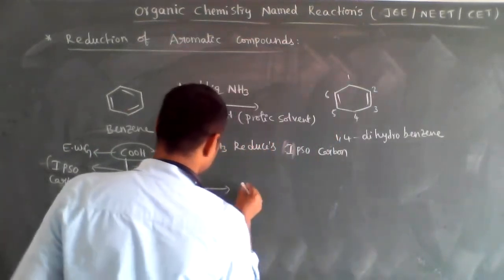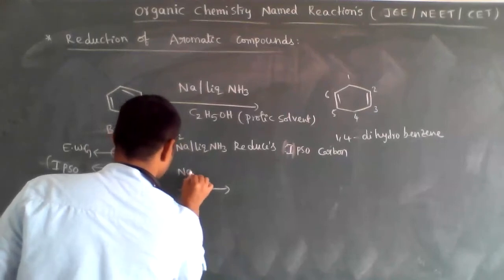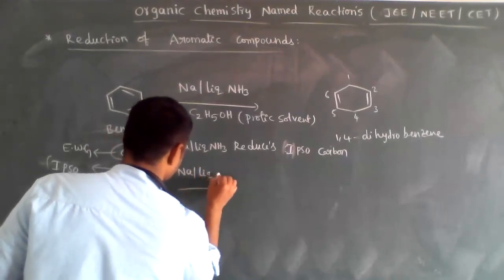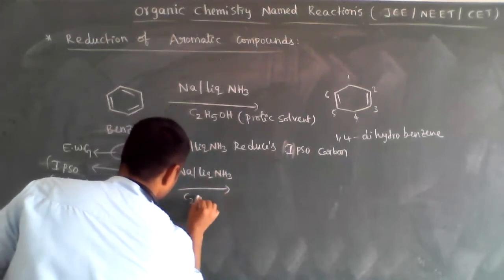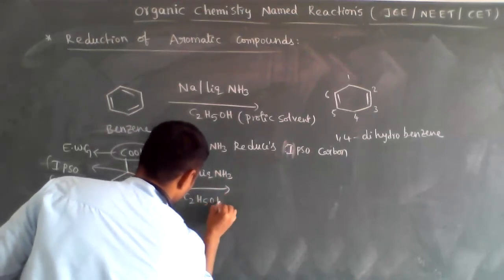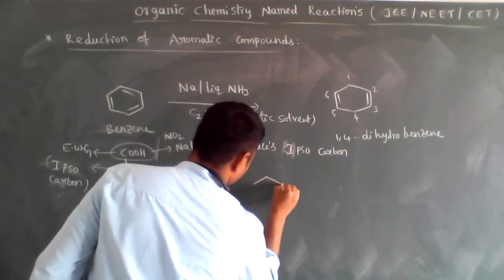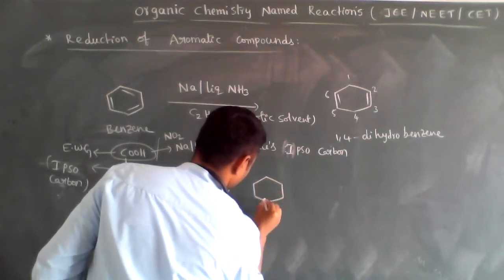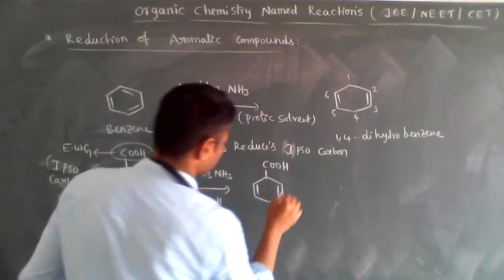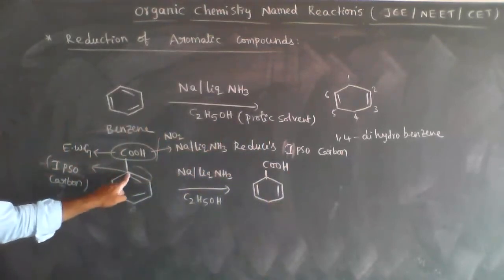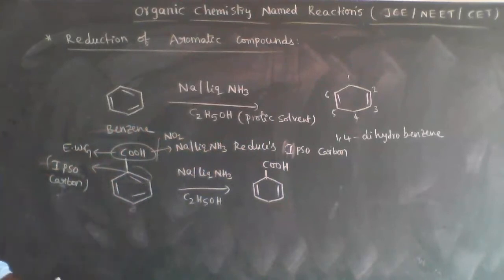Now, the major product is the COOH compound, because that ipso carbon double bond will be reduced.